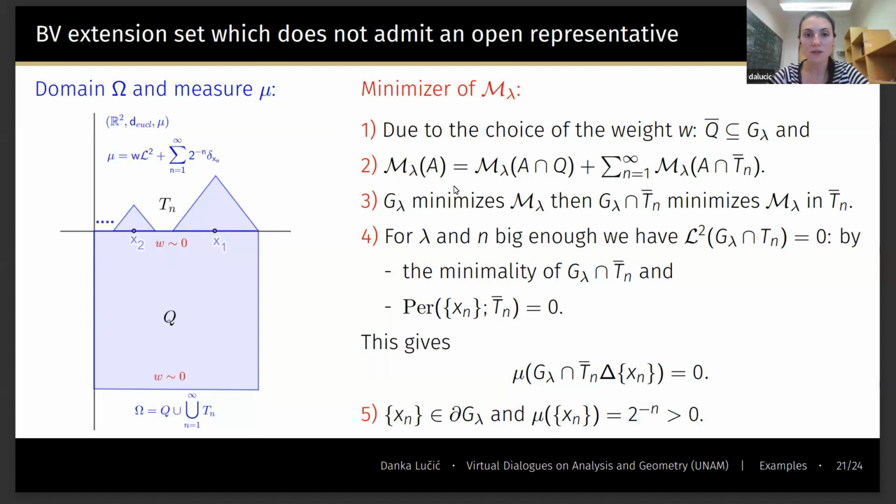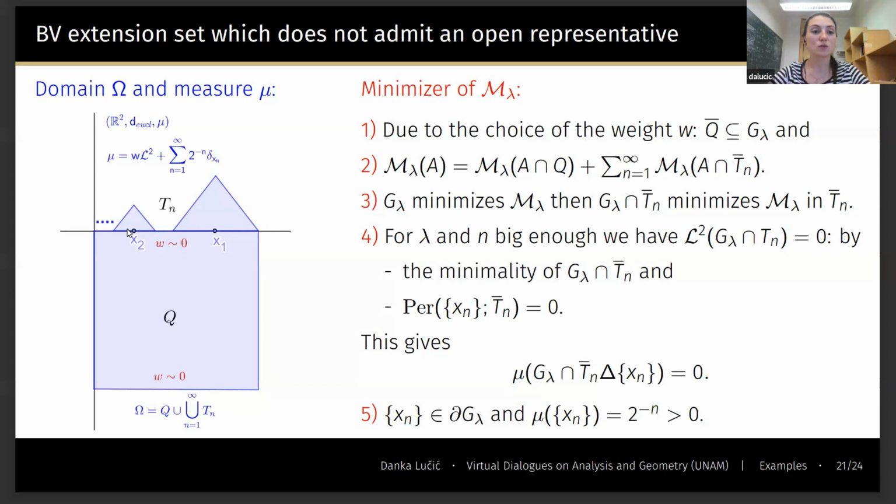And also something that is due to this choice of weight is that you can split your functional and look at it separately in the square and what is happening in the triangles. And once you have a minimizer of your functional, then if you intersect it with the closed triangle, it minimizes the functional inside the triangle itself. So it minimizes, say, this part.